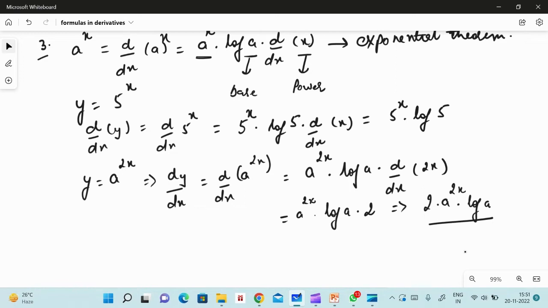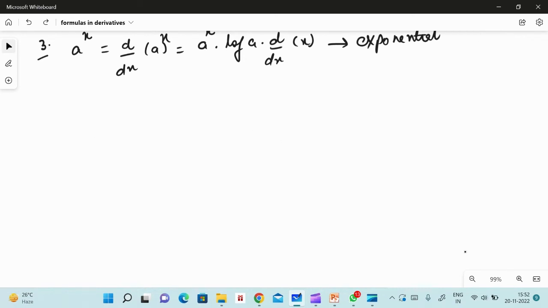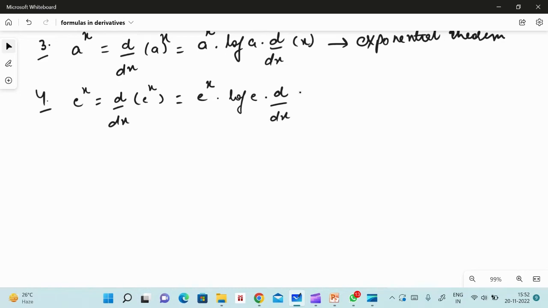Okay, so the next formula which we are going to cover is the derivative of e power x. Fourth here is e power x. So whenever we have to take the derivative of e power x, this gives me e power x into log of e into derivative of x, right?